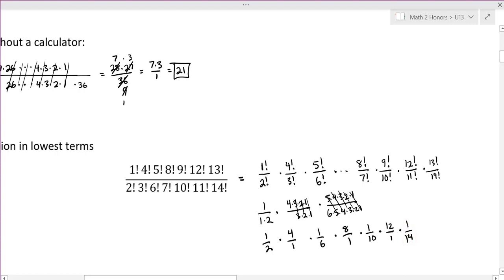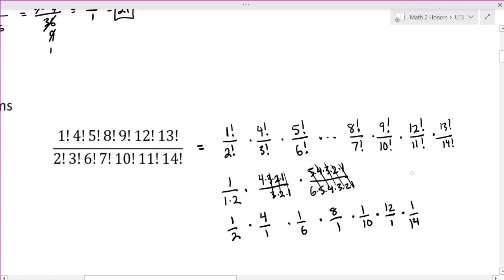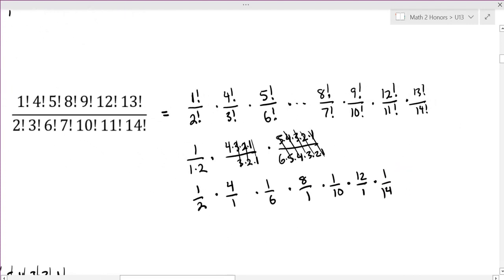Okay. And then we can start to reduce this fraction. You can, let's see, 2 times 6 is 12. And so if I just gather together what's left, we got 4 times 8 over 10 times 14.